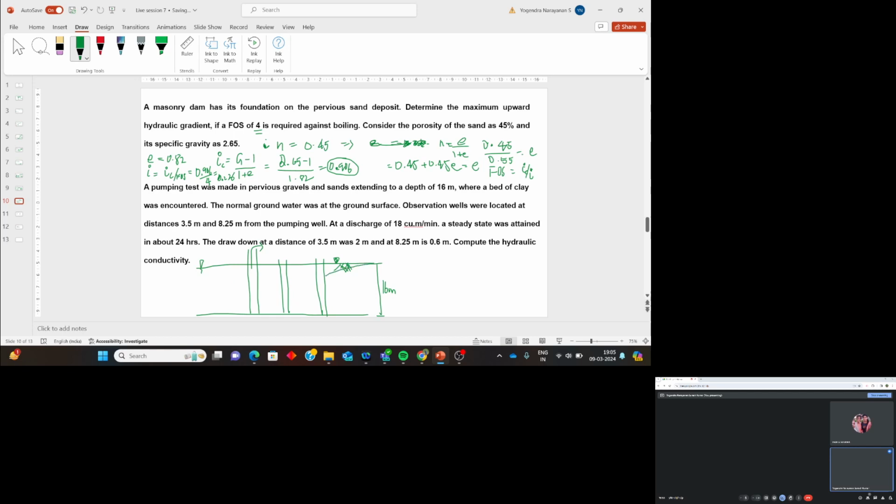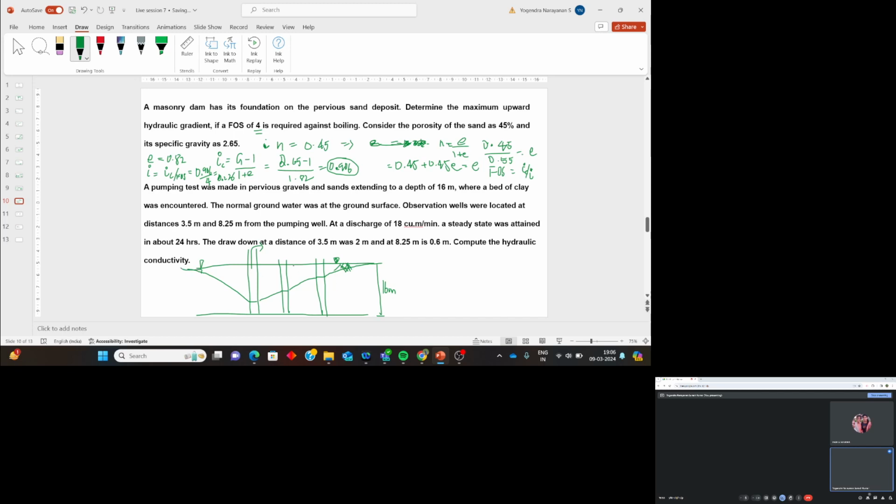Due to pumping out, it will go here, further, go here, there, go here. In a similar way it will go like this.